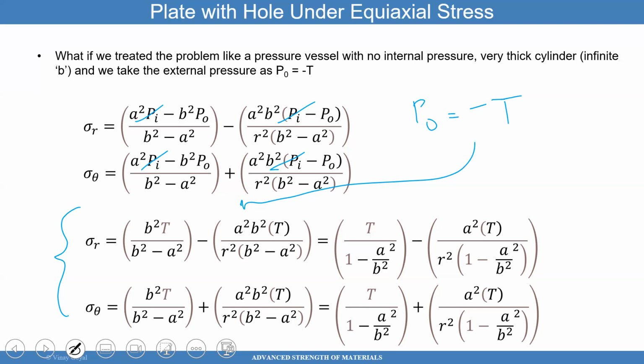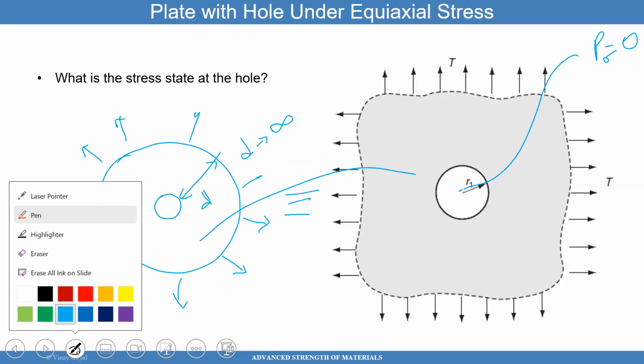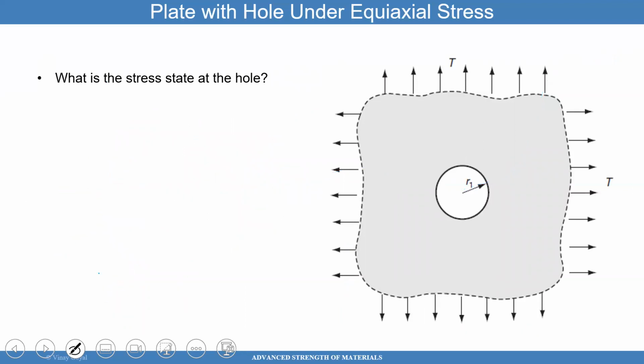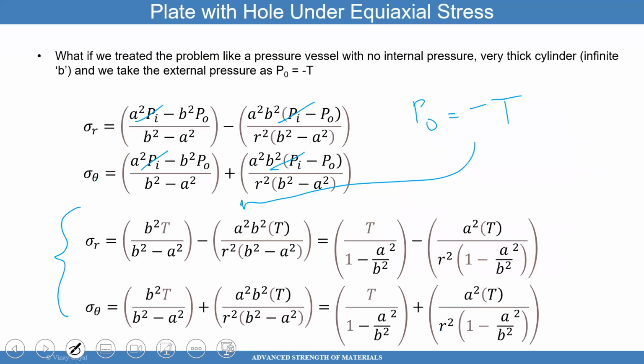Let me remind you what the radial stress and hoop stress are compared to the coordinates of the system. So here in this example problem, the radial stress is pointed that way, sigma RR. And then the hoop stress is tangential to the open hole there, sigma theta theta. And so I'm going to use that coordinate system.